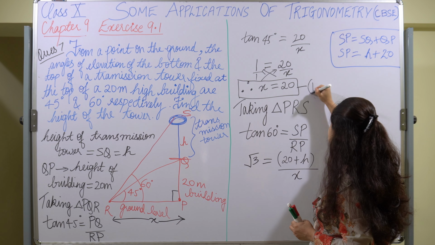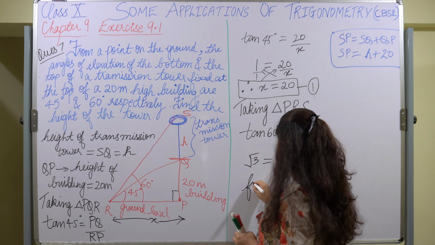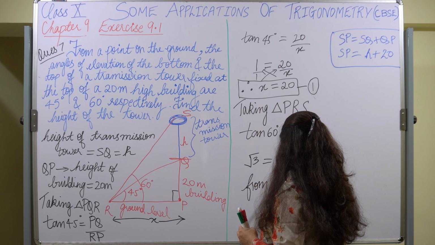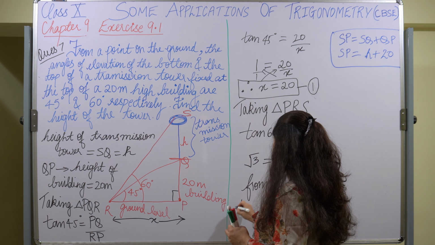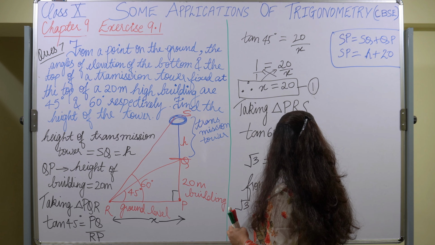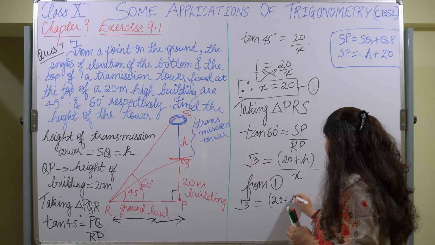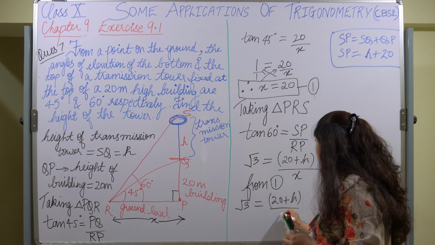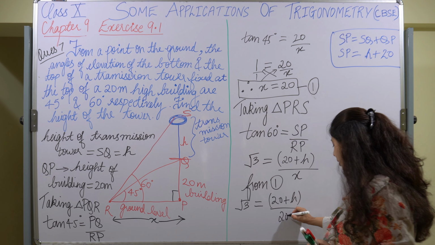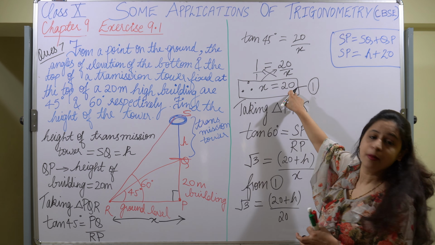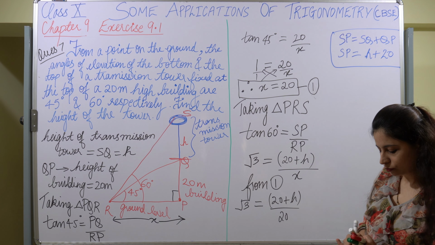From 1, we can put the value of X. So we get root 3 is equal to 20 plus H upon 20, because the value of X came out to be 20.